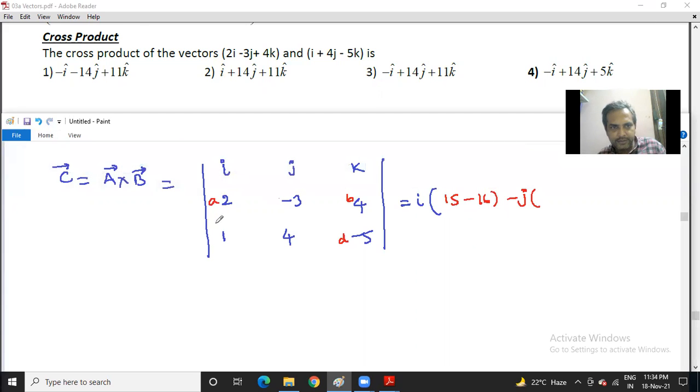When you write j, you have to forget about the column of j and this row. So you have to forget this column and this row, AD once again. So it will be minus 10, 5 twos minus 4.